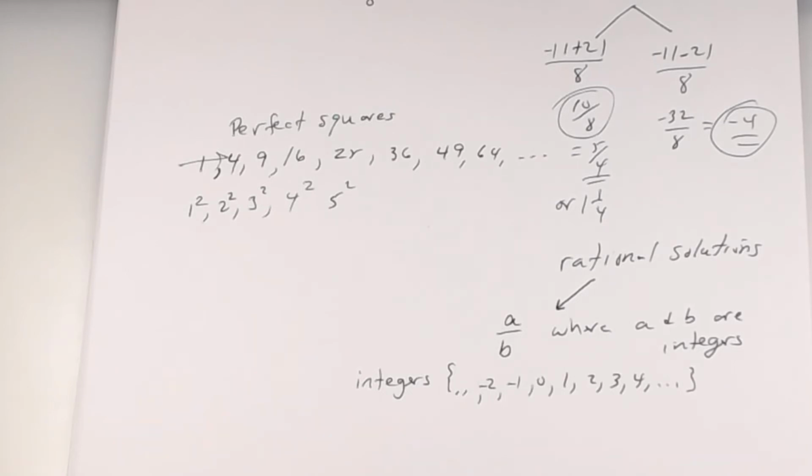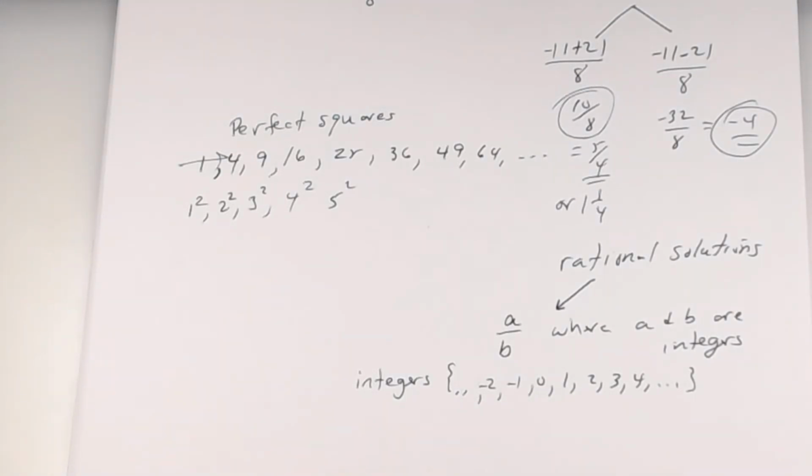So if we look at 10/8, is 10 an integer? Yes. Is 8 an integer? Yeah, 8's an integer. It's a whole number. Is -4 a rational number? Yeah, because I can write -4 as -4 over what? 1, and -4 is an integer, and 1's an integer.